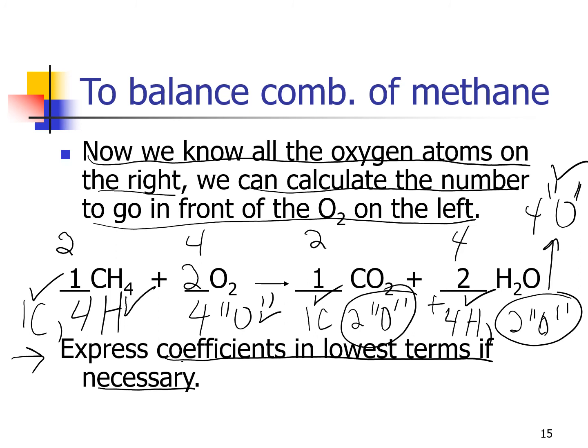Those coefficients would be a balanced reaction. However, we have the ratio of 2 to 4 and 2 to 4. We can reduce that by dividing all of them by 2, and that would reduce it to what we originally determined with the 1, 2 on the left and the coefficients of 1 and 2 on the right. So that's what they mean when they say reduce to the lowest terms if necessary.